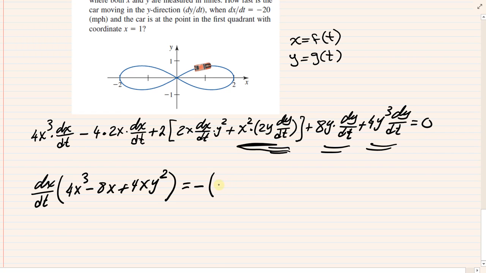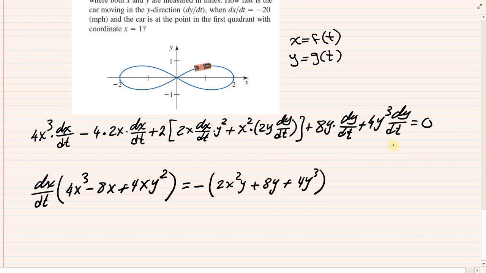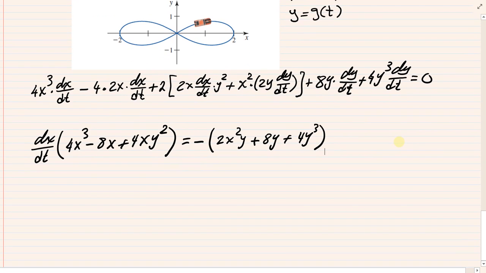So that becomes 2x squared y minus, which of course in parentheses is plus, 8y, and then plus 4y cubed. Right, so we have these. And then we're going to divide both sides by the coefficient on dx dt. And of course we have dy dt on the right side. Still, I need to write that one. That's dy dt.